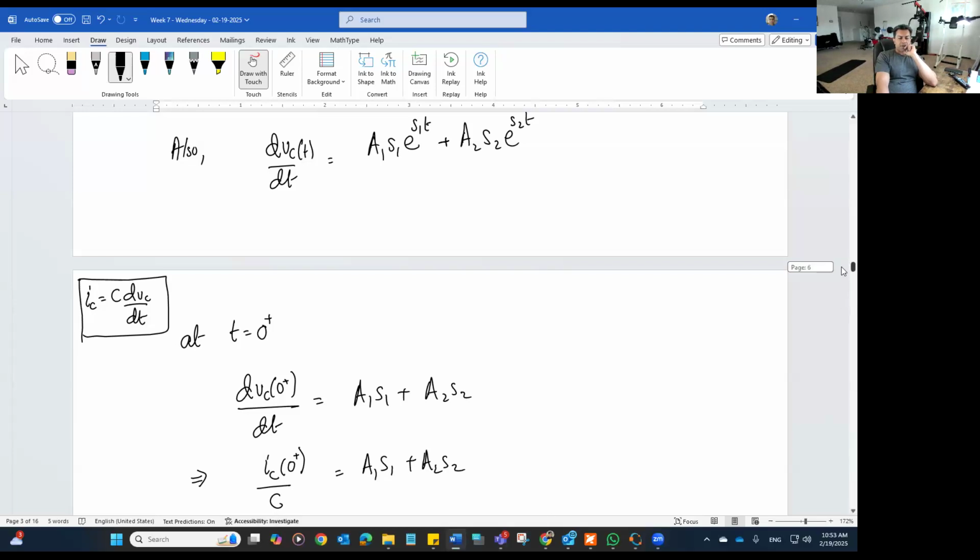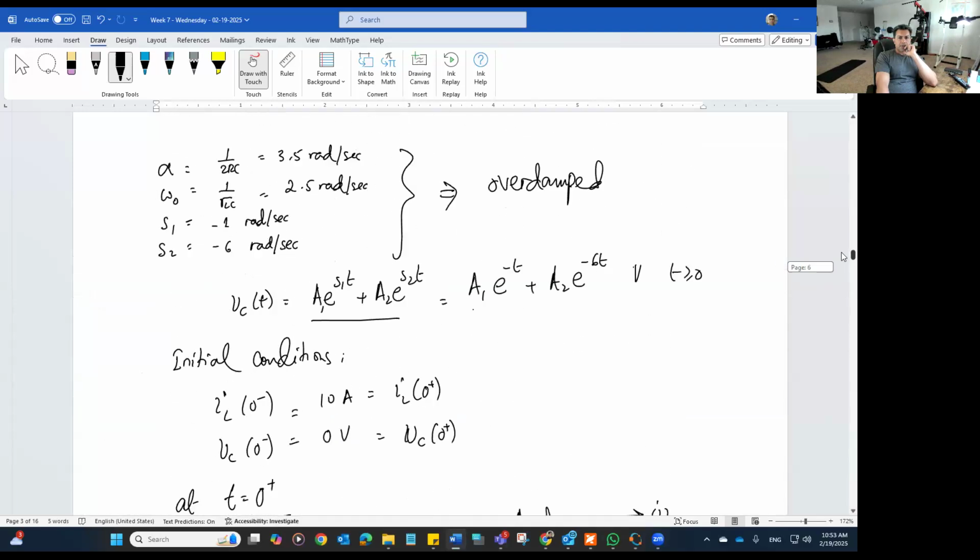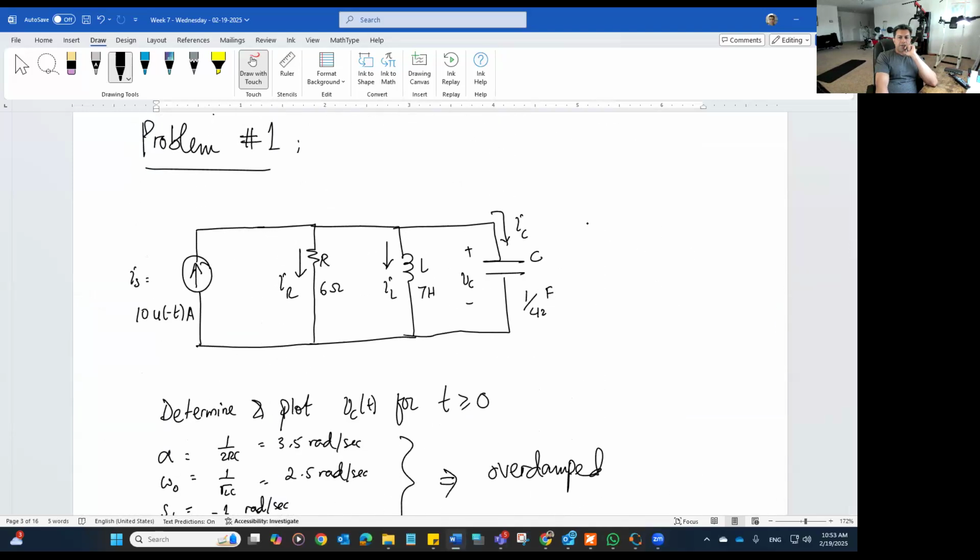Now from the circuit, how can we write down the expression for the capacitor current in terms of the other two currents? Like KCL. Using KCL, what will be IC?